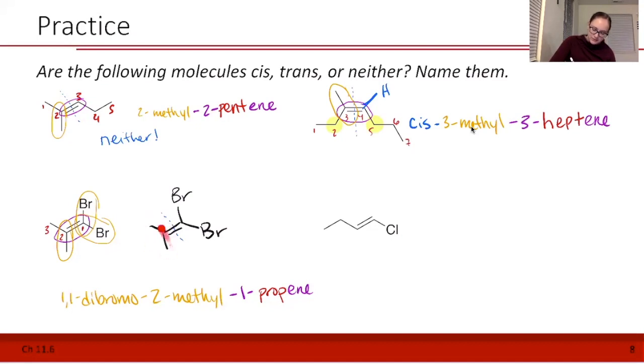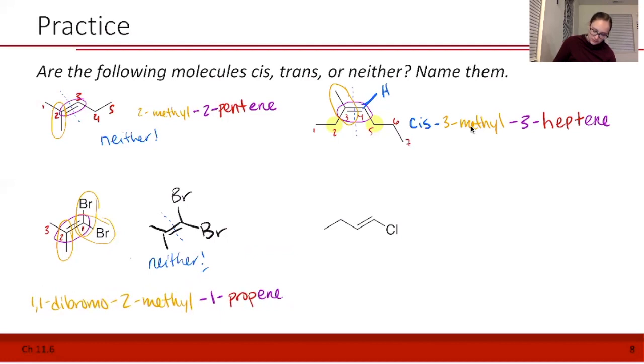This side has 2 of the same thing. This side has 2 of the same thing. Therefore, we do not have cis-trans isomers. So the full name for this molecule is 1,1-dibromo-2-methyl-1-propene.